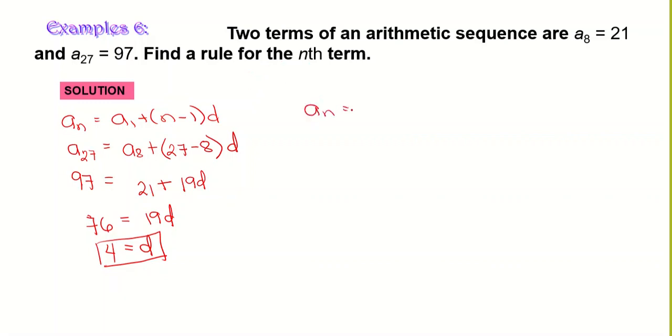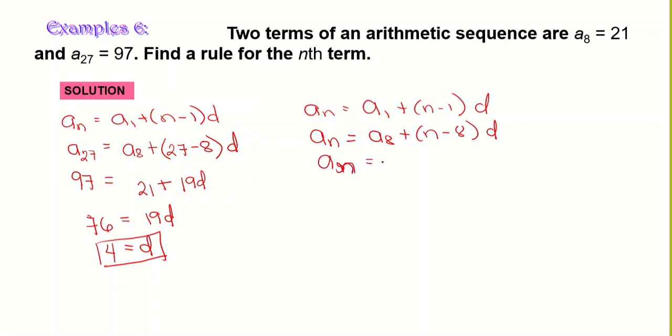So a sub n is equal to a sub 1 plus n minus 1 times d. I'll use the last term, let's say, I'll have a sub n is equal to the a sub 8 instead of a sub 1 plus the n minus 8 times the d that we had. So that is solving for the a sub n is equal to your a sub 8, which is 21, plus n minus 8 times your d, which is 4.